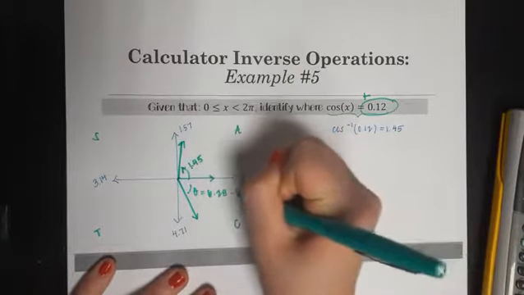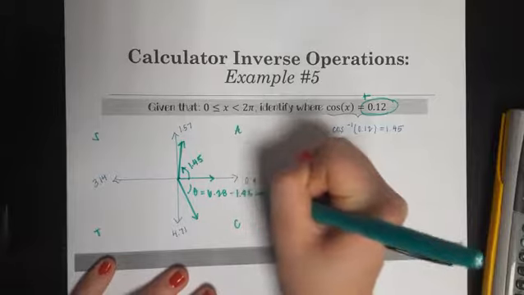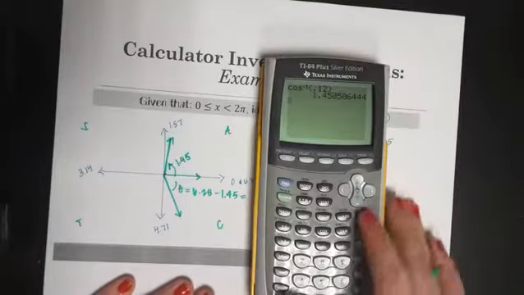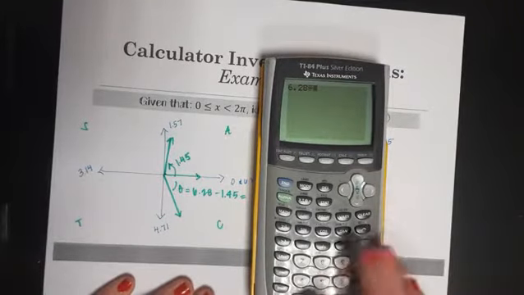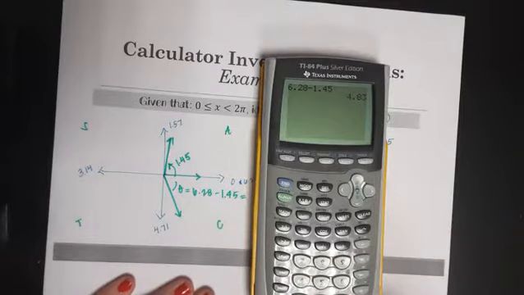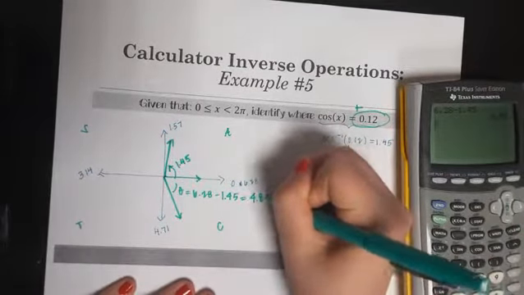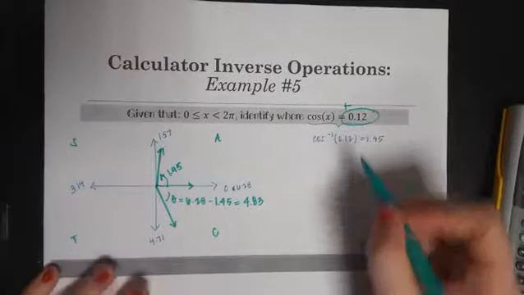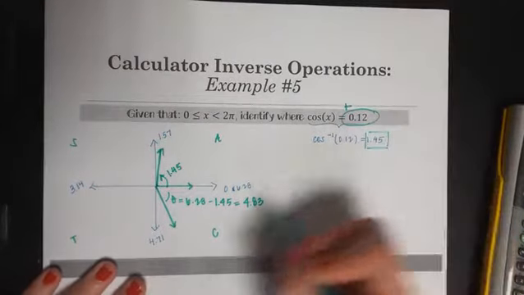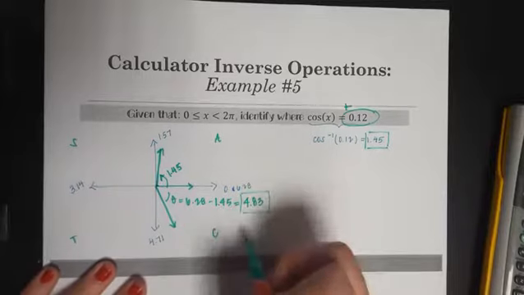So what I do is just subtract there, and that gives me an angle value of 4.83 radians. Those are going to be my two solutions, 1.45, 4.83.